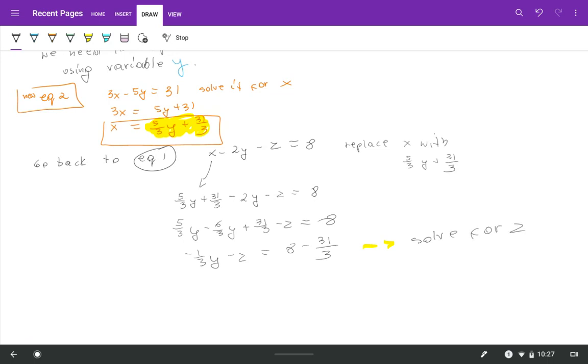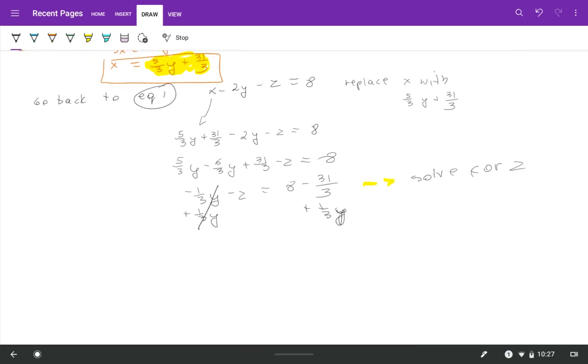So I will add 1 over 3y to both sides. So we end up with negative z equal 8 minus 31 over 3 plus 1 over 3y. 8 is the same as 24 over 3, minus 31 over 3.